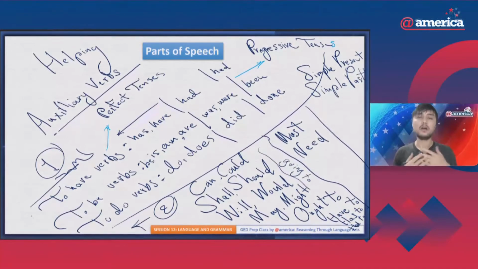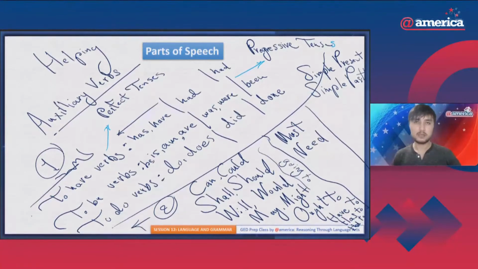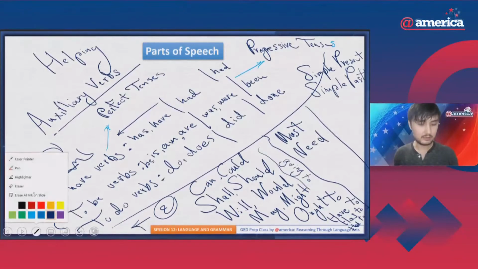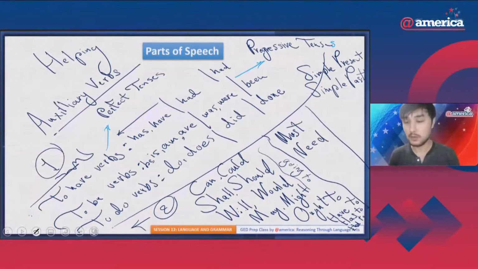You say, I went to school, right? So there is no helping verb. There is no way to change that sentence into a question without using help from to-do verbs. That's why they're called helping verbs.